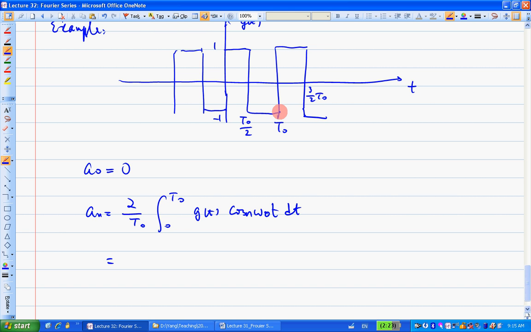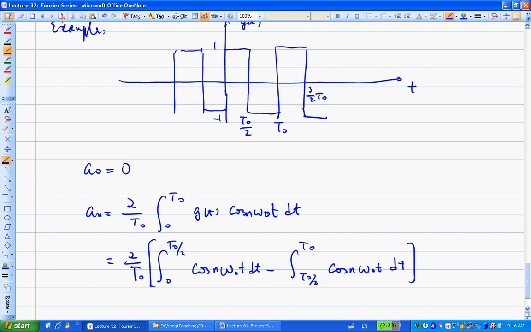If you look at the variation of g of t, it's 1 between 0 and T naught over 2, and negative 1 from T naught over 2 to T naught. So you separate this integral into two parts: 0 to T naught over 2, where it's 1, times cosine n omega naught t, plus T naught over 2 to T naught, where it's negative, minus cosine n omega naught t dt.